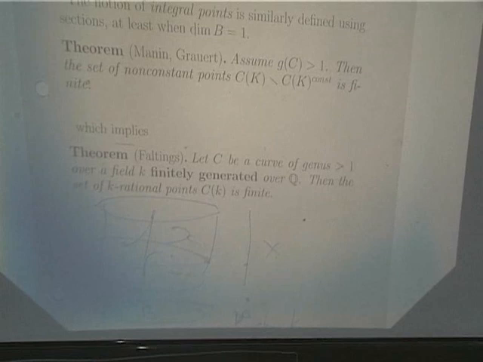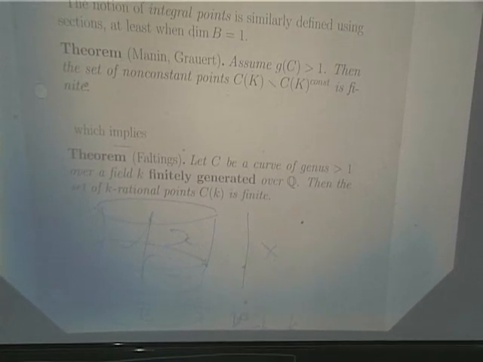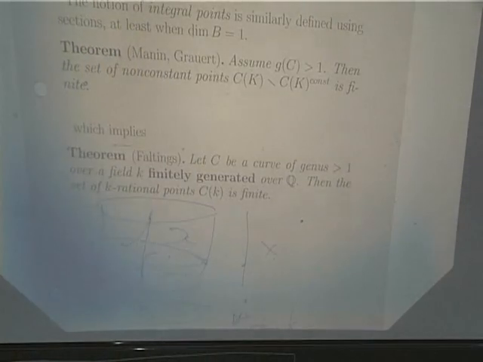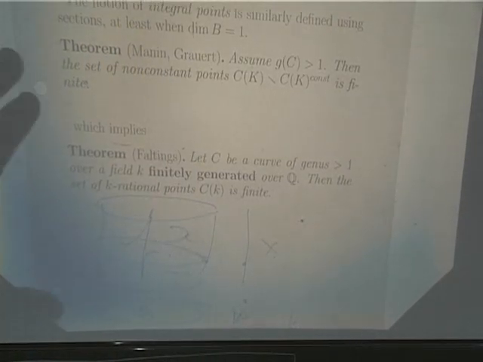Now, back to your point. Instead of working over the complex numbers, let's pull back and say that function fields can still have some arithmetic content if these are function fields of varieties over Q or over a number field. Namely, these are fields that are finitely generated over Q. And if you combine the theorem of Manin and Grauert and the theorem of Faltings, you can immediately prove that.